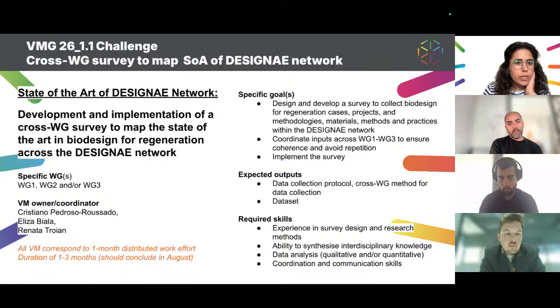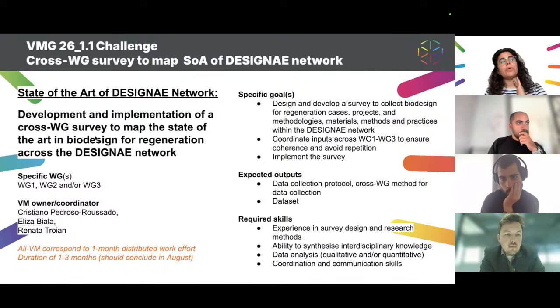So the first one is for the first work. It's an alignment between the 3 first working groups. It's to develop a cross work group survey to map the state of art in biodesign for regeneration across the DESIGNAE network.